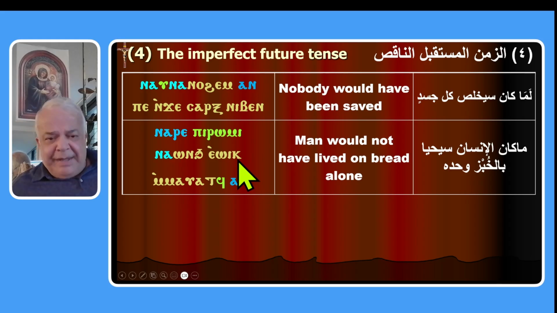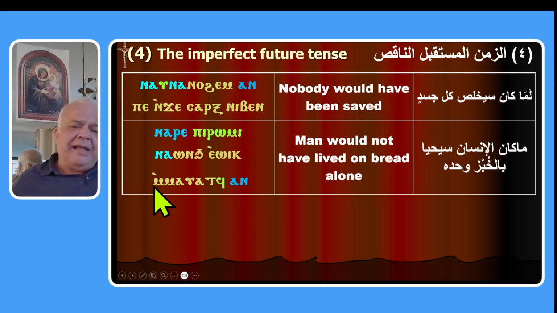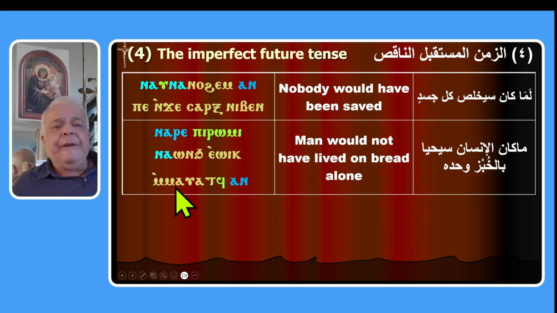Oik, bread, with the bread. Emmavatf an, here for negation. Nobody will live on the bread at all. The word emmavatf, emma with the genkim, that's a possessive article by addition. Mavat means one or alone.